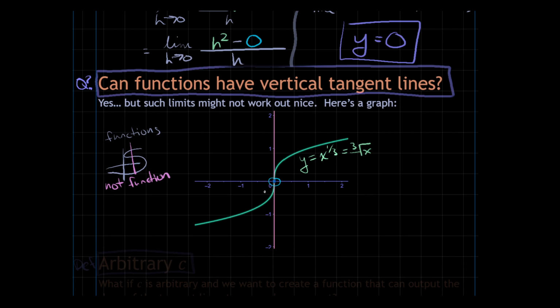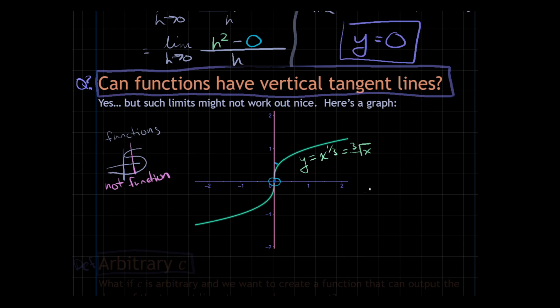If you were to zoom in really, really close, you would still see a little gap in between, like that gap right there. No matter how far in, you might have to zoom in really, really close to be able to see it. But if your x is non-zero, then this line is not touching that point. So this is a truly vertical tangent line.